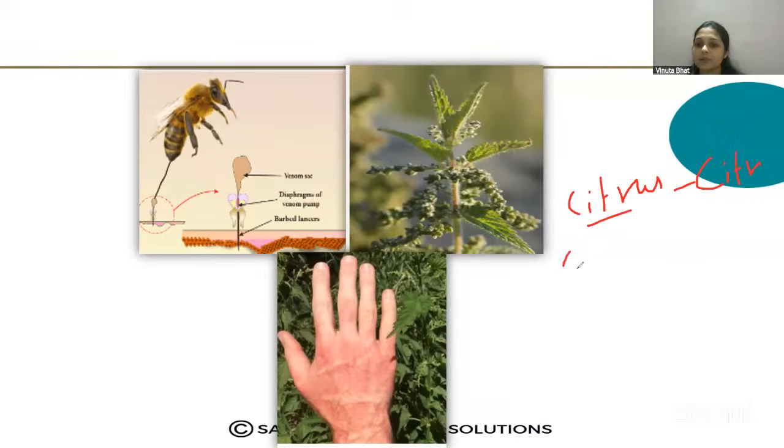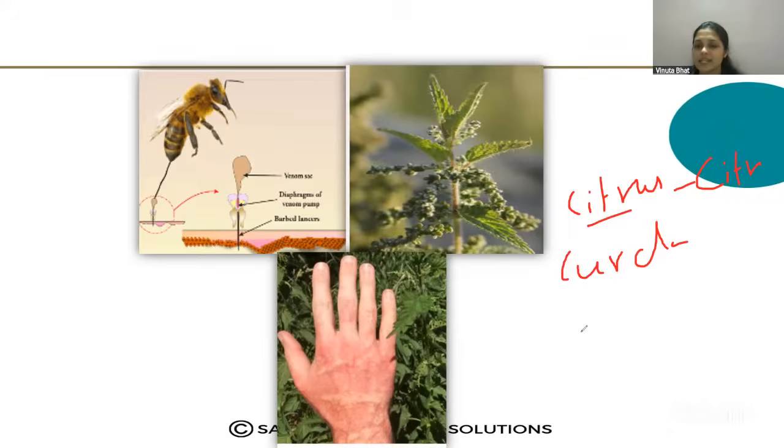And curd, which acid is present inside curd? Anybody, just comment. Which acid is present in curd?